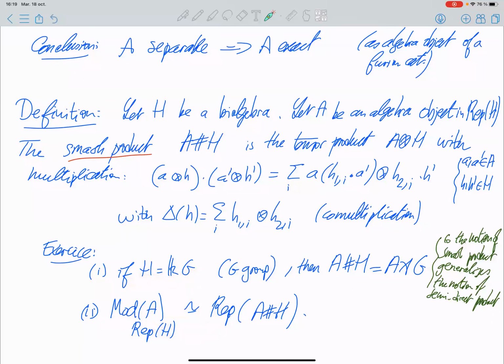So you see, in this case, we can completely characterize the category of A-modules using a new notion called the smash product. Okay. The new notion generalizing the semi-direct product. So that's all for this section.